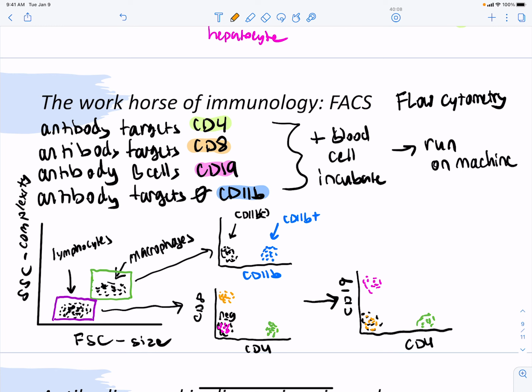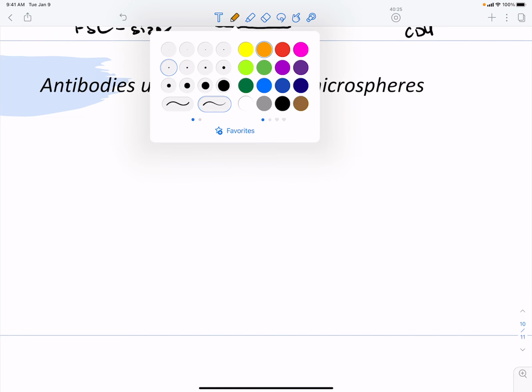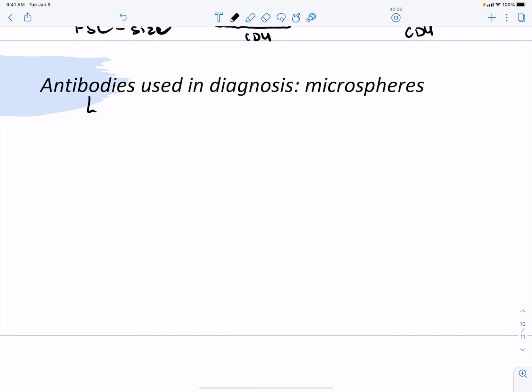Now, another approach for diagnosis that is relatively new is using microspheres. And so you can use a Luminex. That is an assay that is commonly done with microspheres.